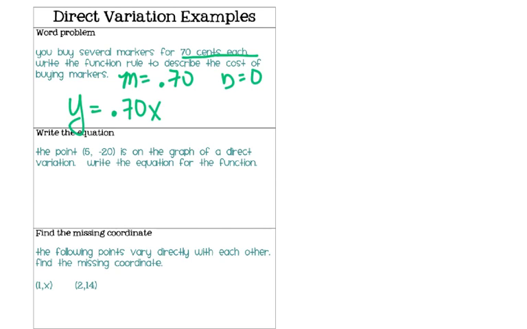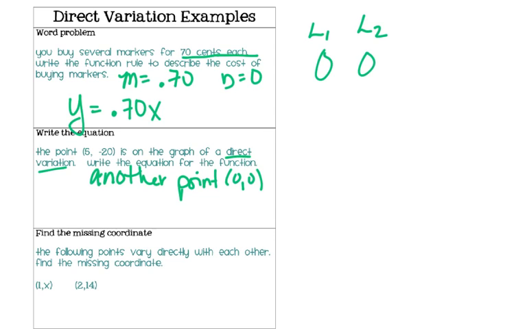Now, to write the equation, it says the point 5, negative 20 is on the graph of a direct variation. Write the equation for the function. So there's 2 ways to go about this. I know it's direct variation, which means I know another point is going to be 0, 0. And so I can stick this in my calculator and I can do the list.